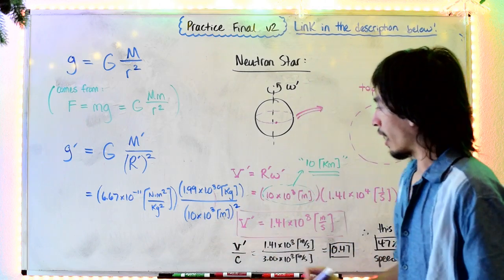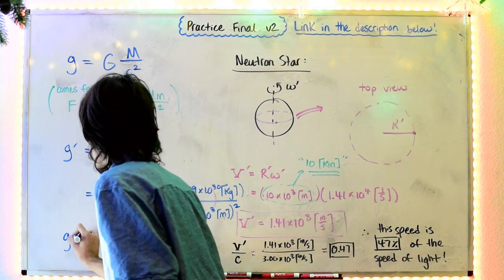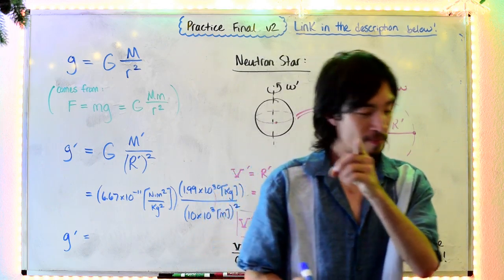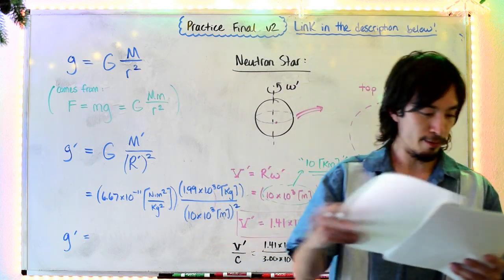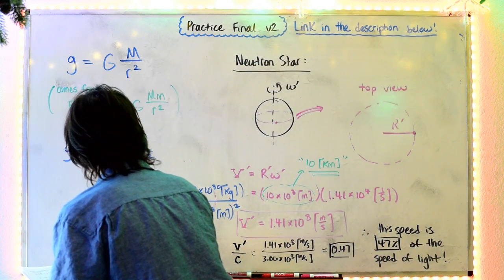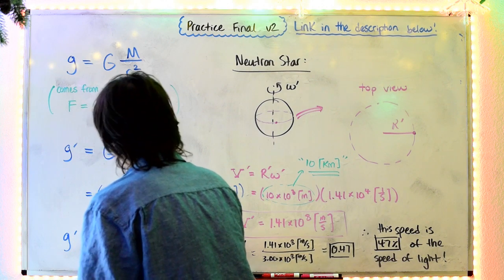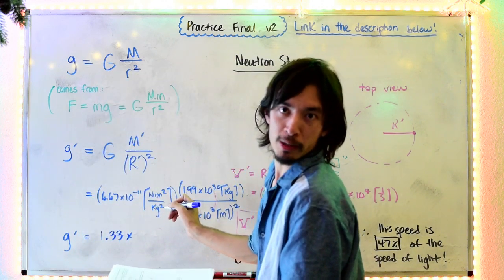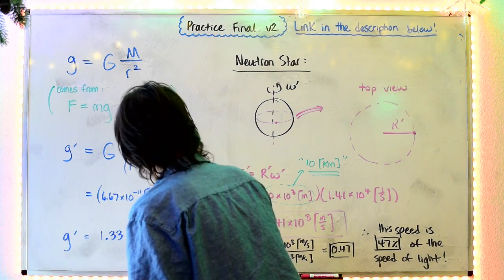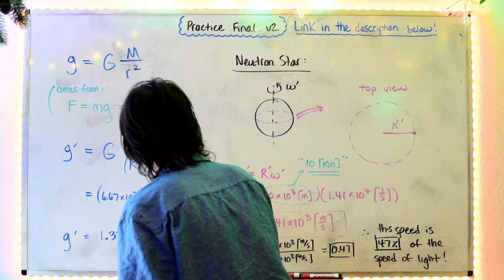Okay. So now, the value for g that we get when we're on the surface of the neutron star, don't try that at home, the value for that is 1.33 times, when I have to write a power of 10, you know it's big, 10 to the 12th meters per second squared.